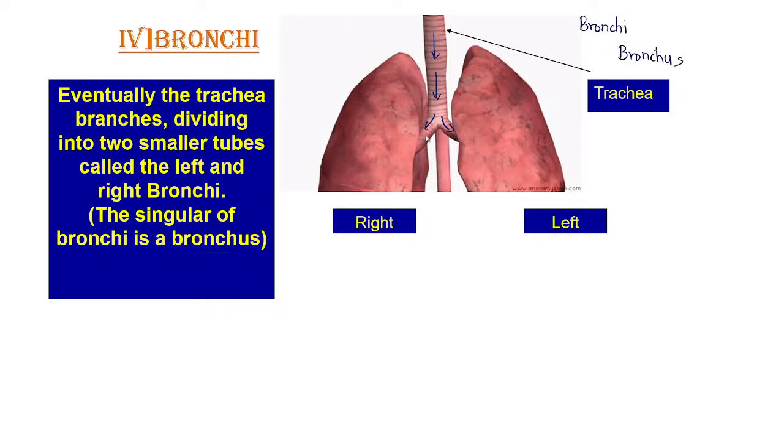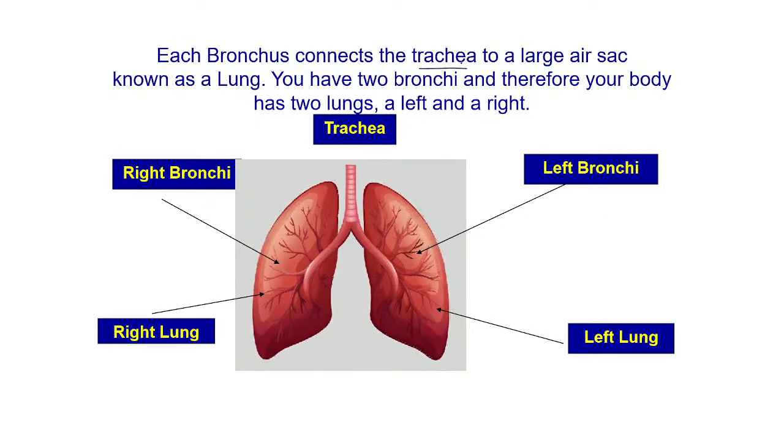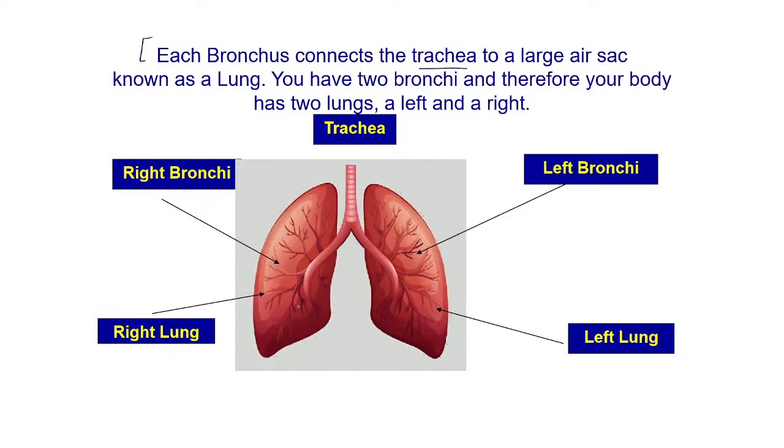Now each of these bronchi is joined to a big bag-like structure called lungs. So how many lungs do we have? We have 2 lungs. Each bronchus connects the trachea to a large air sac called a lung. Since there are 2 bronchi, at the end of the bronchi there will be 2 bag-like structures called the lungs.